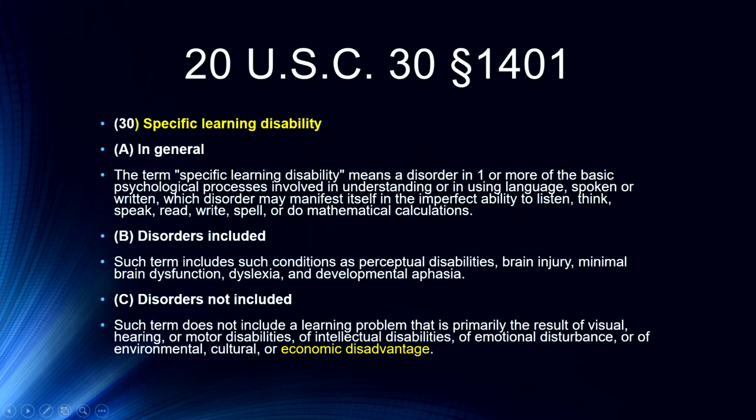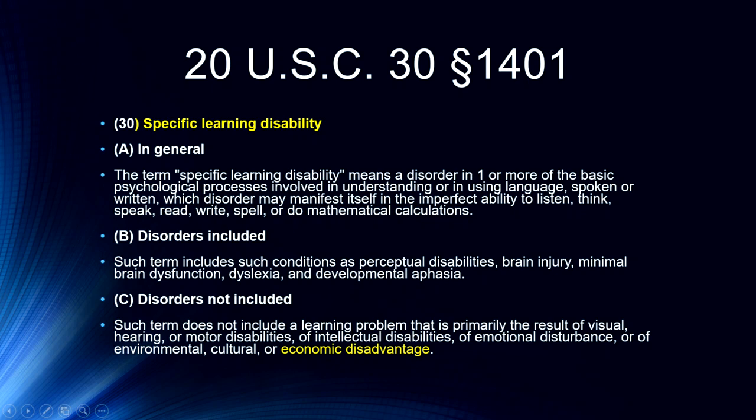Learning disability. This is one of those cases where the more you know, the worse off you might be. So the term specific learning disability means a disorder in one or more of the basic psychological processes involved in understanding or in using language, spoken or written, which disorder may manifest itself in the imperfect ability to listen, think, speak, read, write, spell, or do mathematical calculations.